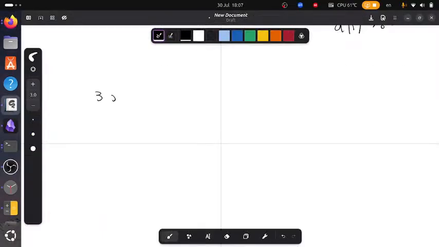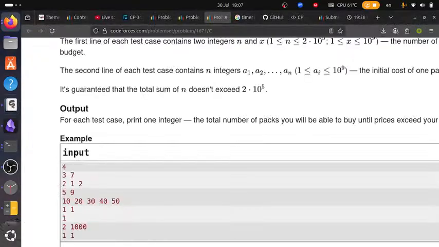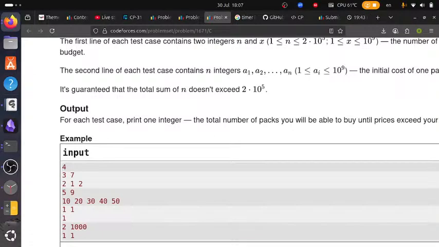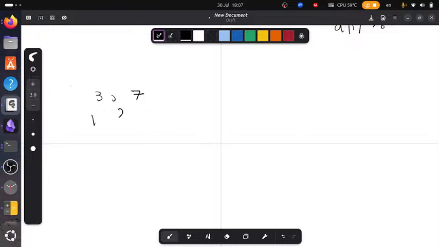So 3, 7. This looks like a sorting problem to me, so let's just sort them. This makes us 1, 2, and 2. Now, on the first day, we can buy this, this, this, and that. This makes us 3.